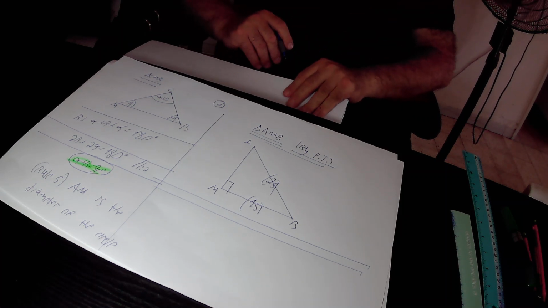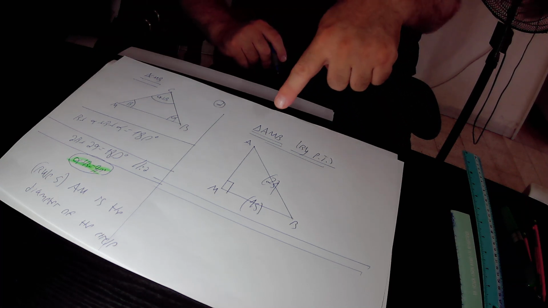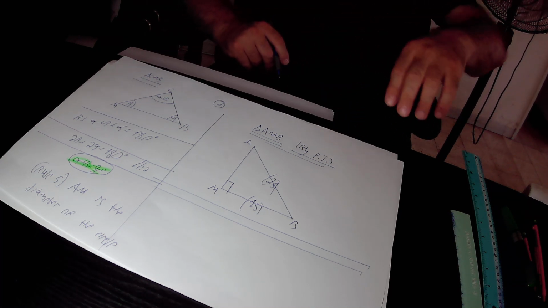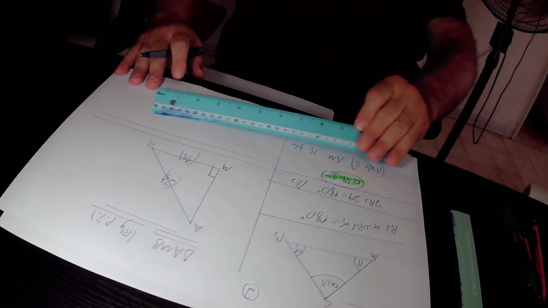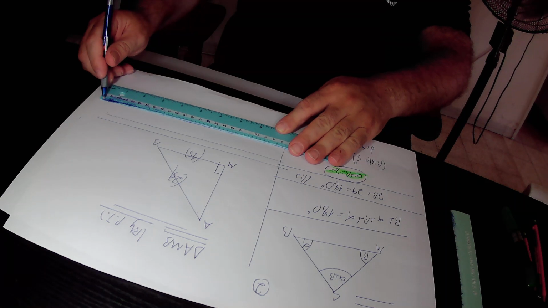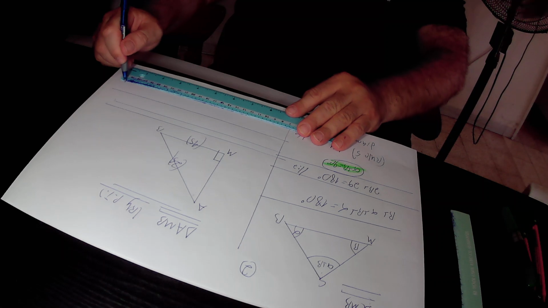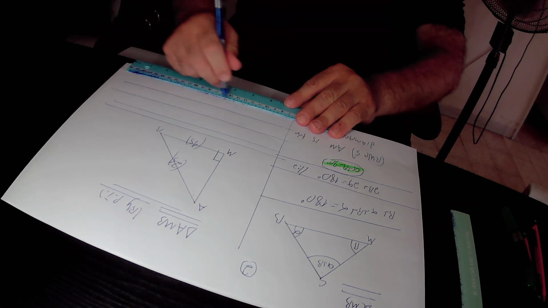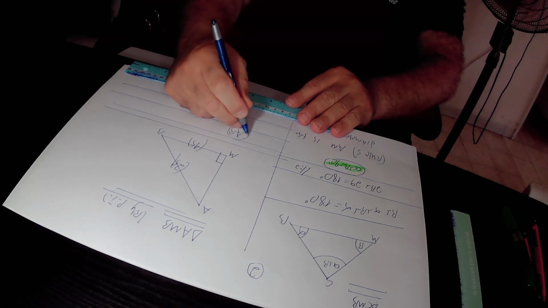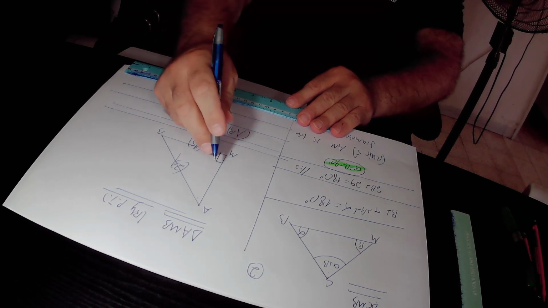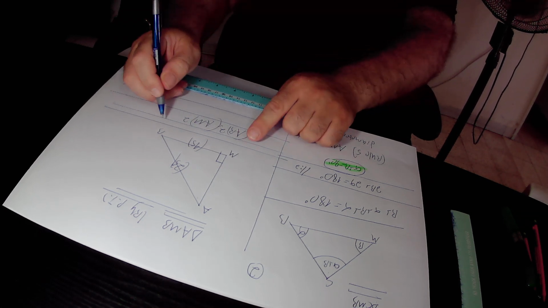According to the Pythagoras theorem, in this right triangle, AB squared, that is the square of the hypotenuse, equals AM squared plus MB squared. So I'll write it down. AB squared is equal to AM squared plus MB squared.